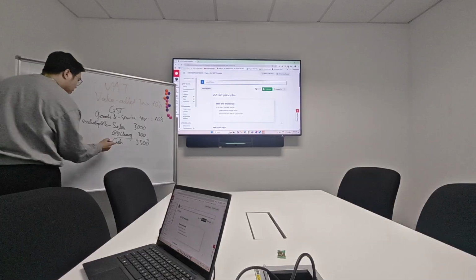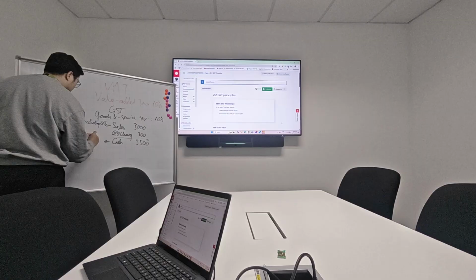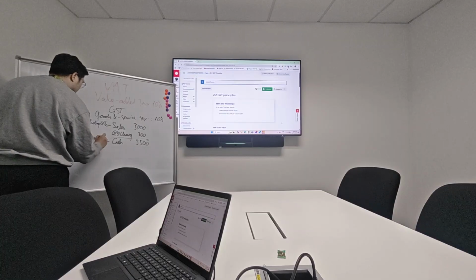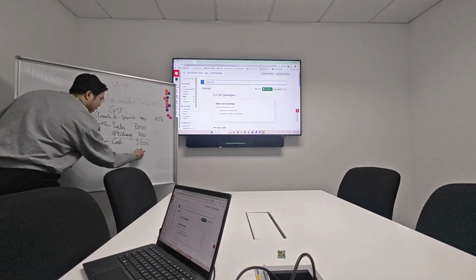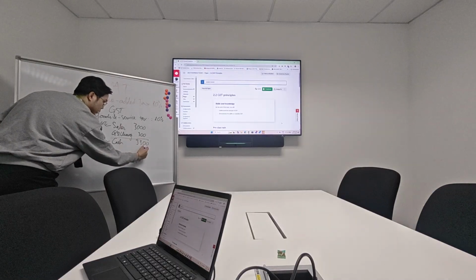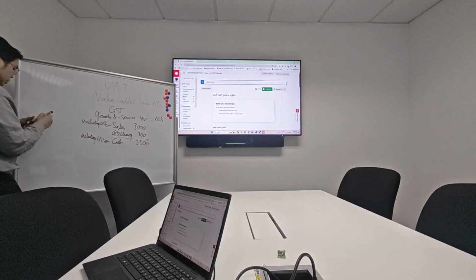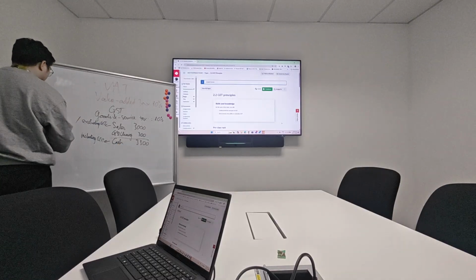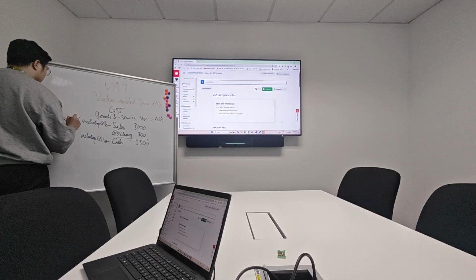And this figure here, we call it including GST, because within this number, there's already $300 of GST included in it. Other than excluding, sometimes we call it GST exclusive.